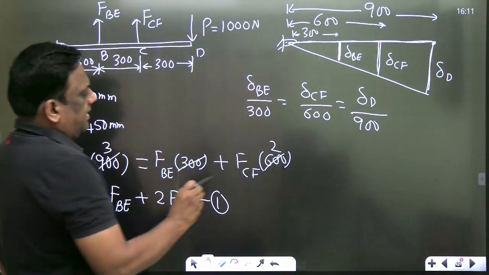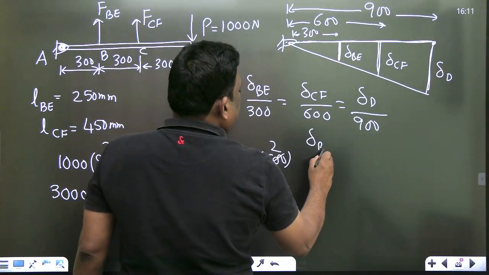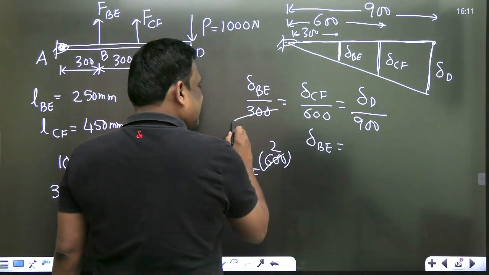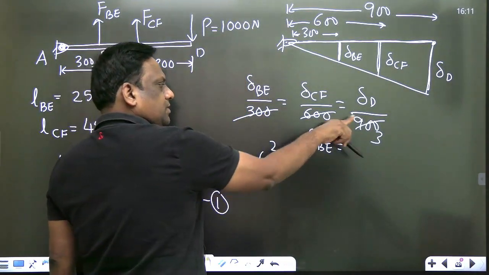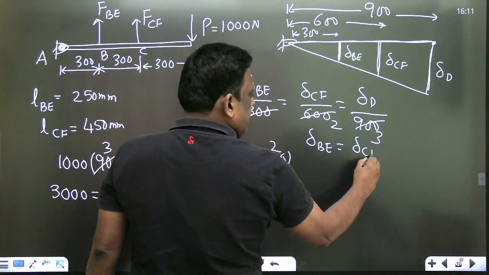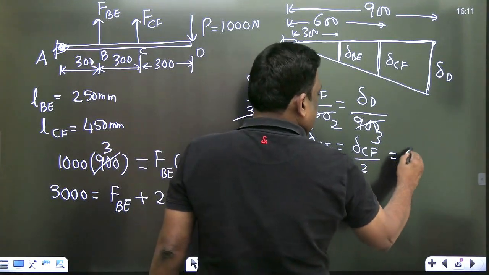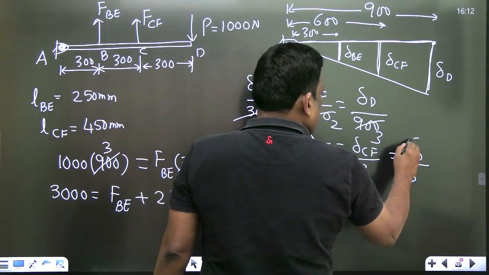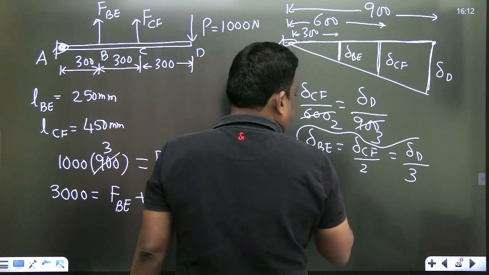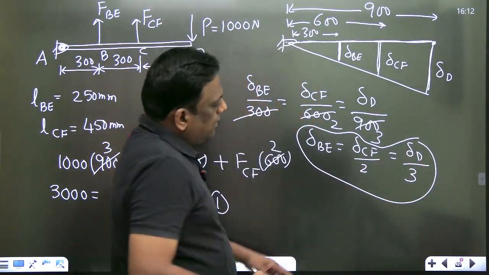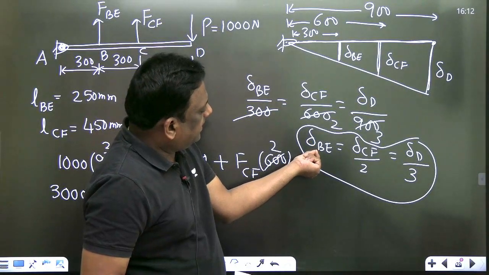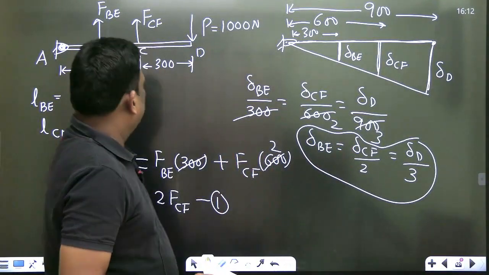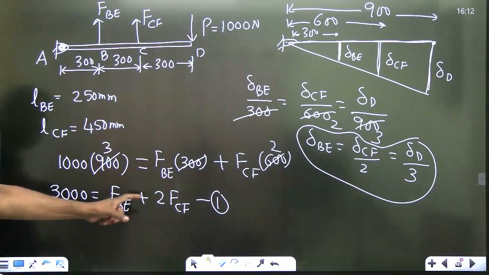So from this I can write delta CF by 2 is equal to delta D by 3. So in the problem he is asking what is delta D. In order to calculate delta D, either you find out deformation in BE or CF. But here I have this particular equation.